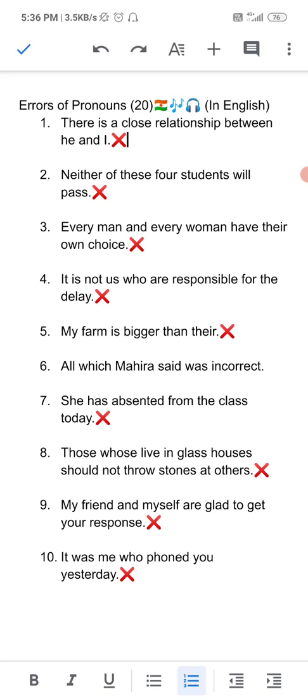Here in this sentence, we have used a preposition between, and after this preposition, we have used the nominative case of pronouns he and I. But the rule says that after a preposition, we should use the accusative case of any pronoun, means the objective form of any pronoun.